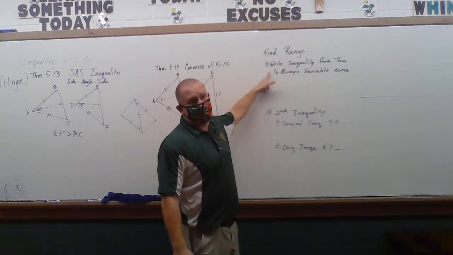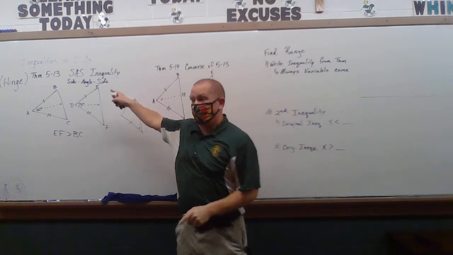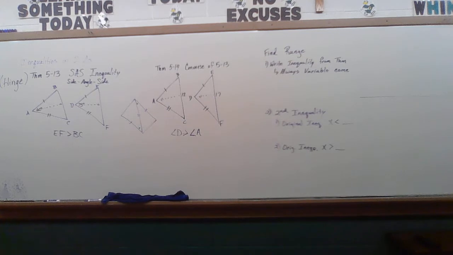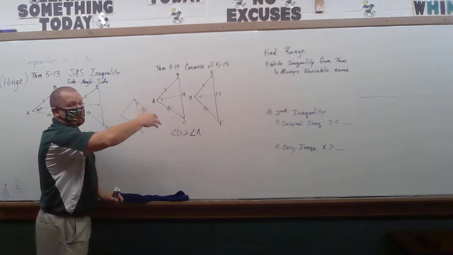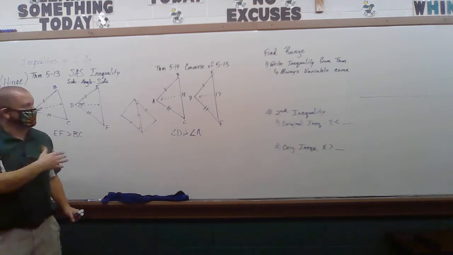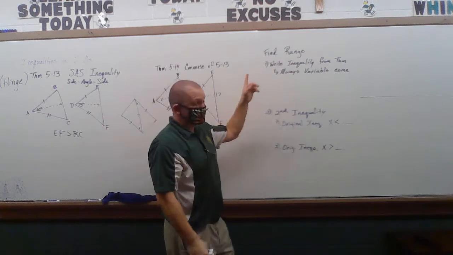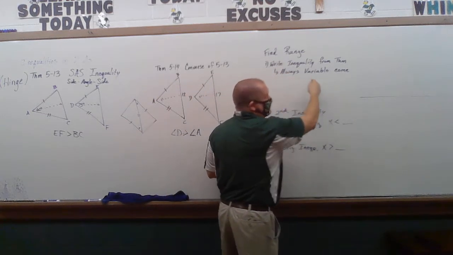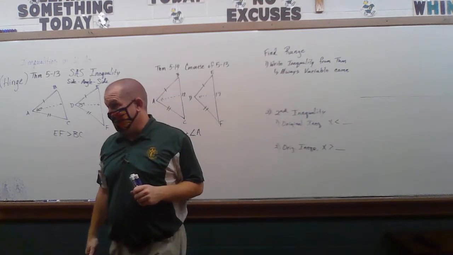The first inequality, you're going to write from the theorems. So you're going to look at the figure, and you're basically going to set up some kind of inequality by looking at the information that was in the theorem, or in the example. The most important part of this is that you always want to write the variable part first.